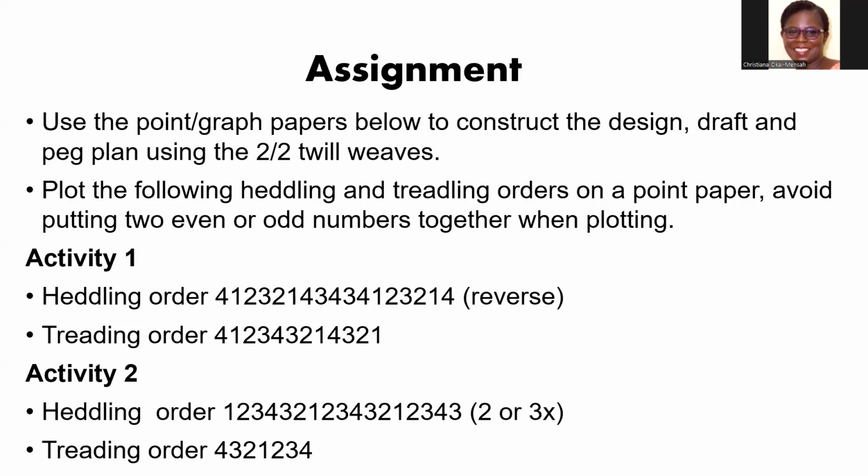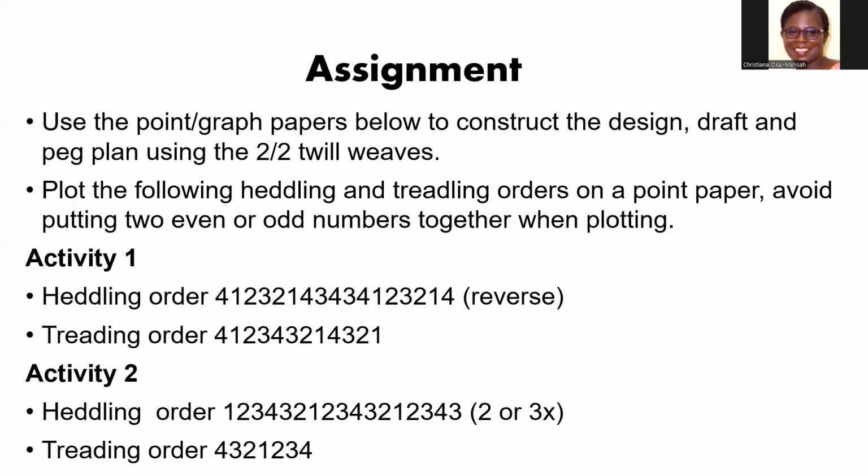Okay. So here I have put some numbers here for you. This is our heddle order. So the heddle order at times is the same as the design that you have created. You can use these numbers to create a design.